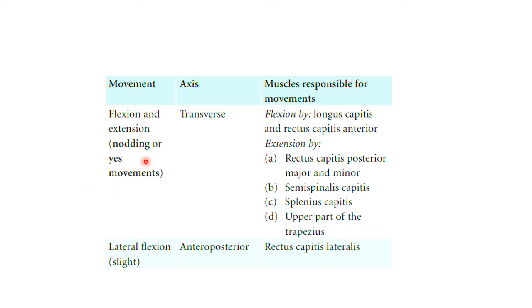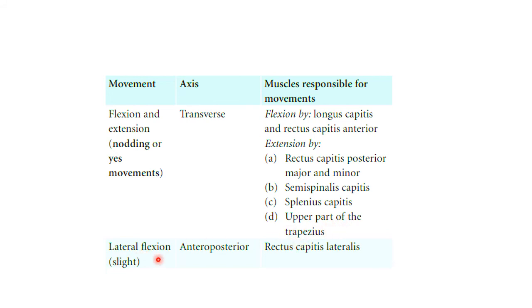Flexion or extension occur along the transverse axis, and flexion is done by longus capitis and rectus capitis anterior, while extension is done by rectus capitis posterior major and minor, semispinalis capitis, splenius capitis and upper part of the trapezius.